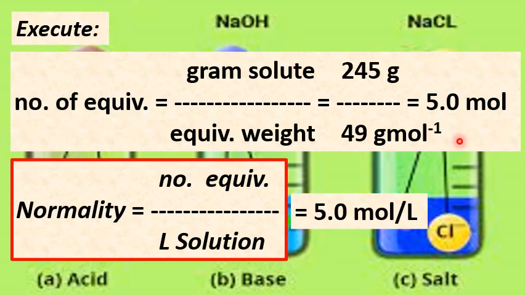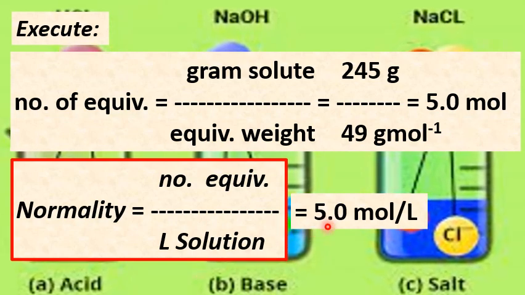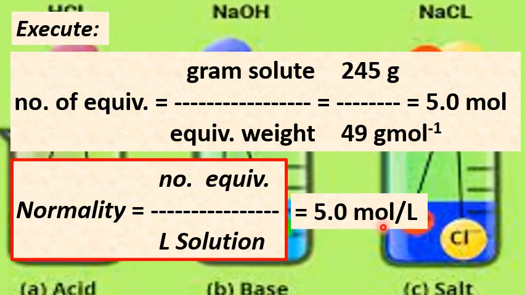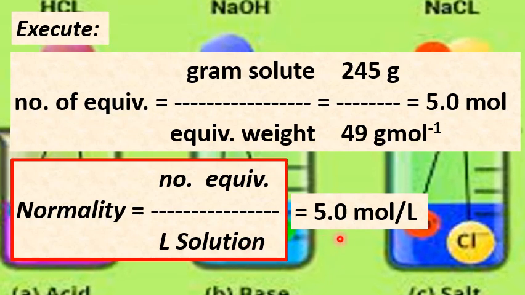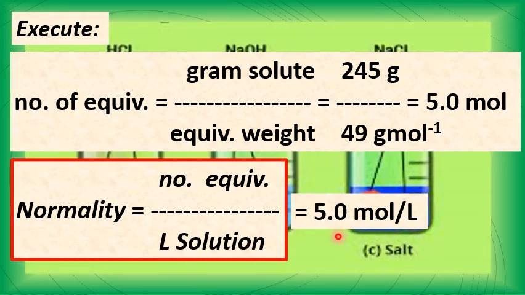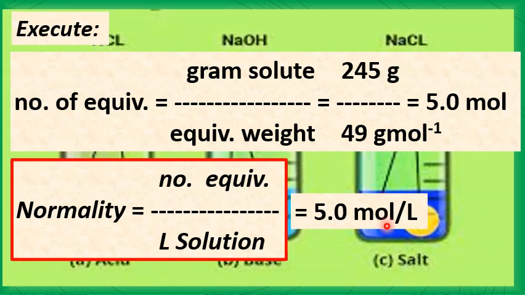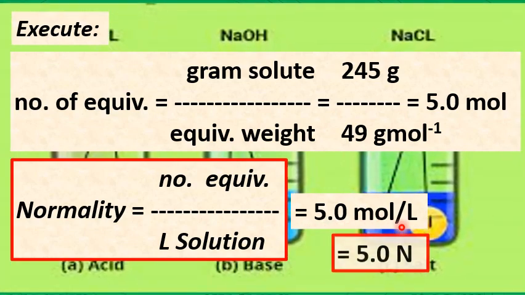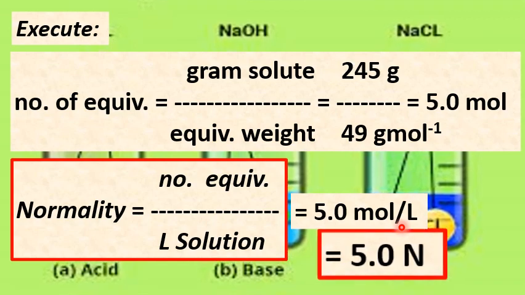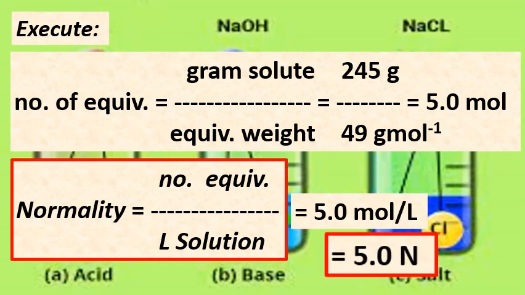The volume of the solution is 1 liter. That's why our final answer for the normality of the solution is 5.0 mole per liter, also expressed as 5.0 normal.